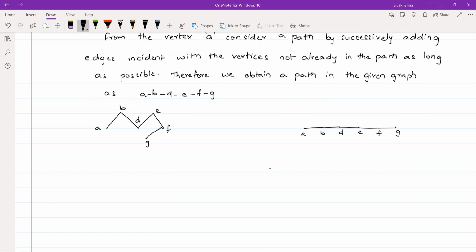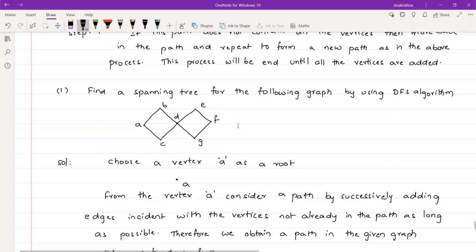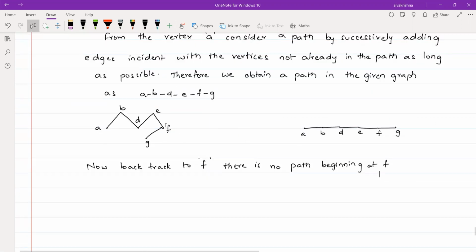So since we cannot draw an edge from G, now we have to backtrack to F. There is no path beginning at F. So if you observe the given graph, we are not having any path other than F to E and F to G. Since from F to E we are already having a path, and F to G also we are having a path, we are not having any other path from F.